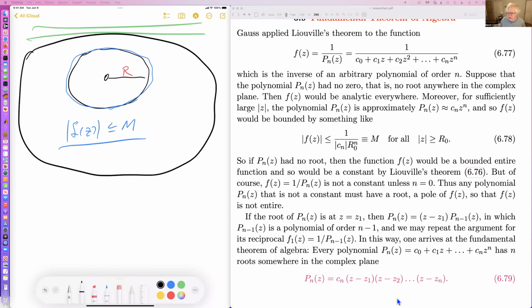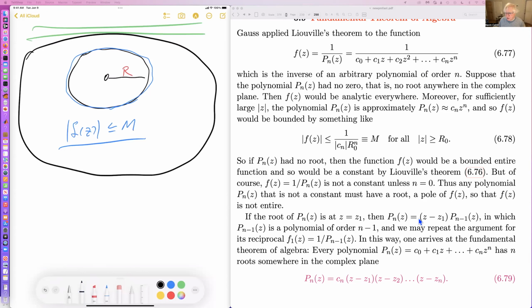So if Pn has a root, what we do is we rewrite it as z minus z1, where that's the root, and another polynomial of a lower degree, a lower order. And then we repeat the argument, and the result is that we find that every polynomial has n roots in the complex plane.